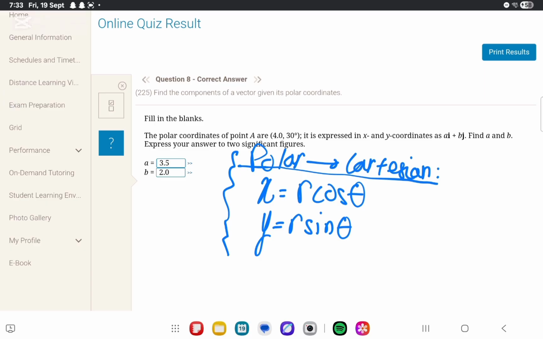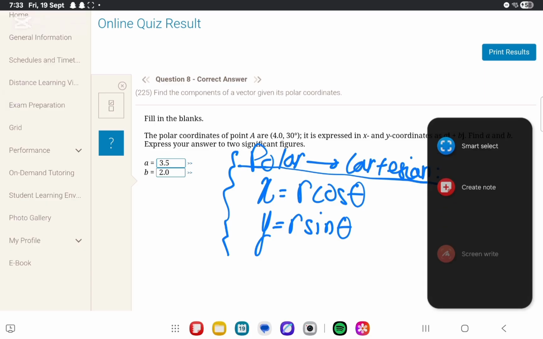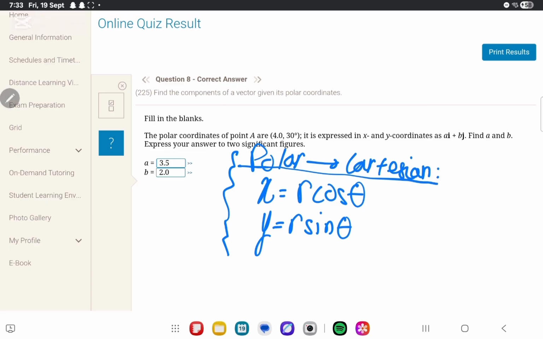This is just a quick formula. Now that we know these, we can apply it. Let's start with x. x is equal to r cosine theta. This is r and this is theta. So r is 4, cosine 30. 4 cosine 30 on the calculator gives 3.46, rounded to 3.5, and that's A done.